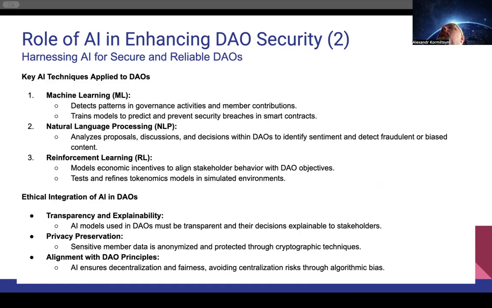AI actually is a very strong source of centralization power. So this is then the tricky question: if we know AI inherently is prone to leading to centralization, how can we bring AI into the DAO picture so that we still actually do the opposite, that we make sure that the AI is used to keep everything as decentralized as is the objective of a particular DAO, and as fair. So this is very important. So algorithmic bias should be avoided.